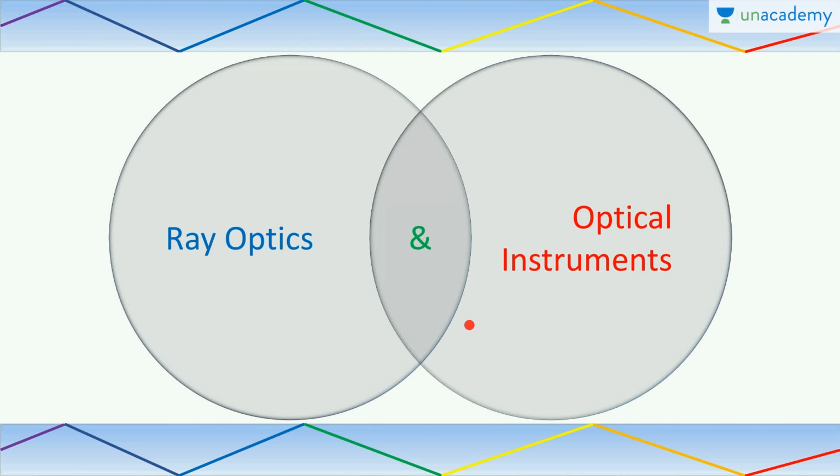In certain circumstances, it seems to behave as a ray, and in other circumstances, it seems to behave as a wave. So there are differences in both of these behaviors, and light shows both of them. And on the basis of that knowledge, we are going to study some of the optical instruments that we come across in our daily lives and which will be very crucial to our work in the future.